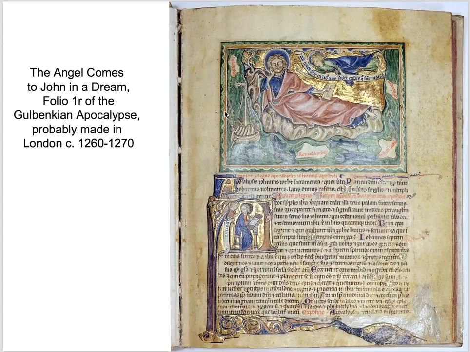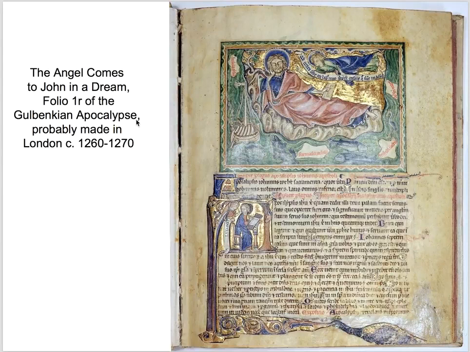And this is even more true of the Gothic period. Right now we're looking at a manuscript that we're calling the Gulbenkian Apocalypse. It's in the Gulbenkian Museum in Lisbon, in Portugal, and it was probably made in London during the 1260s.